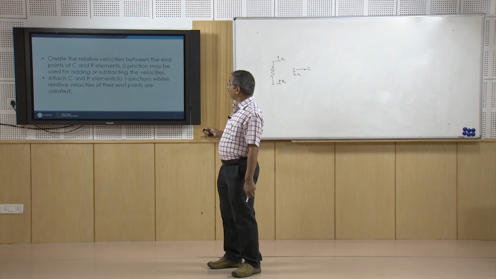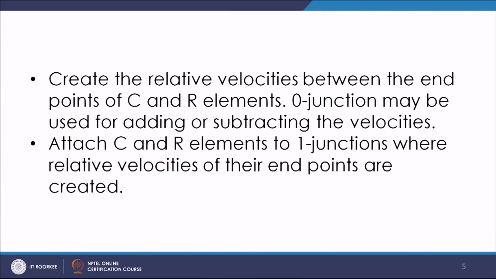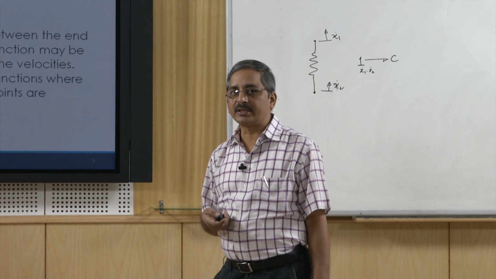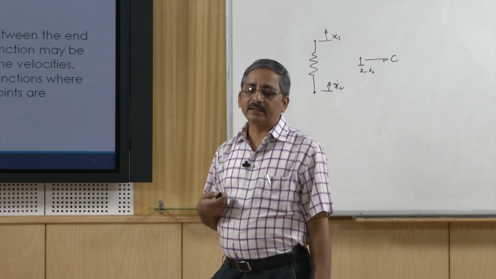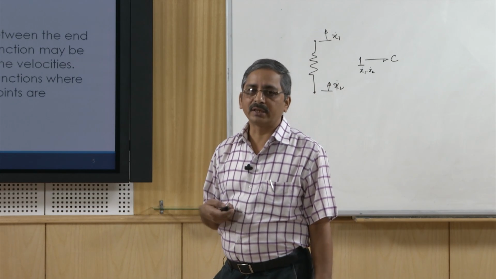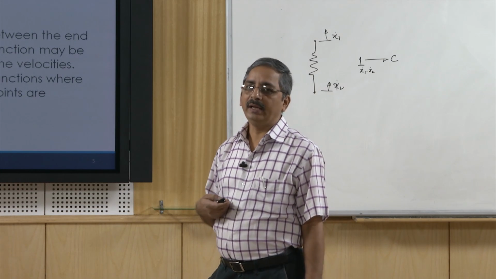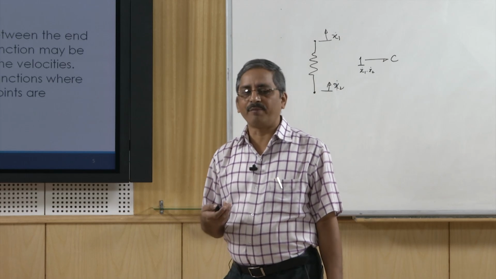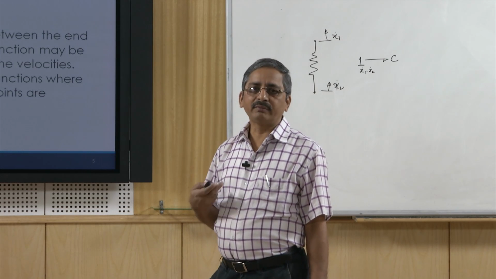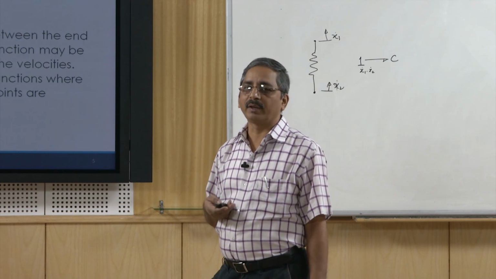Now, create the relative velocities, as I said, between the endpoints of the C and R elements by using a zero junction. As you know, the zero junction is a constant effort junction, or at the zero junction we have the summation of the velocities. Depending on the direction of power we can have the addition or subtraction of the velocities.